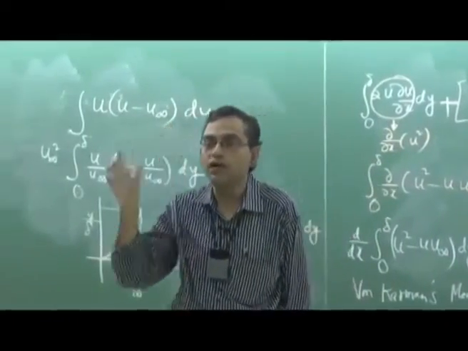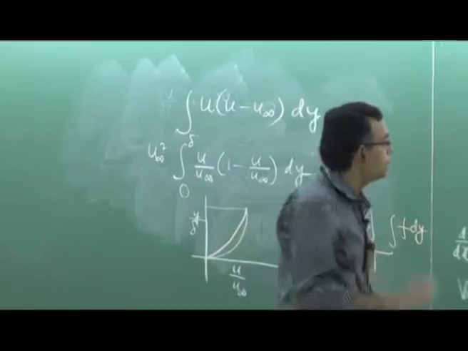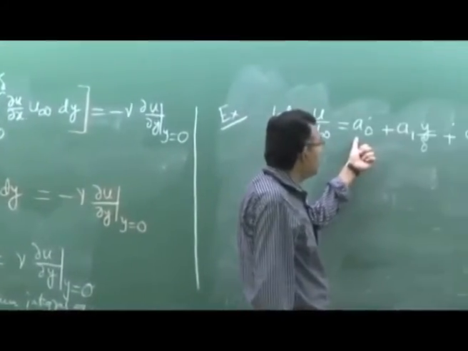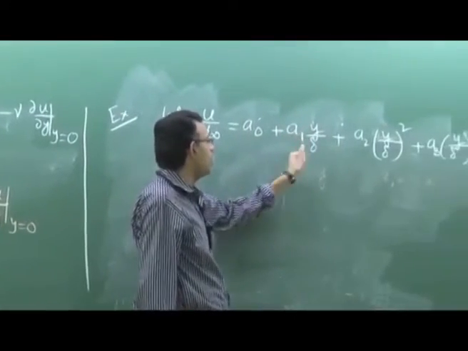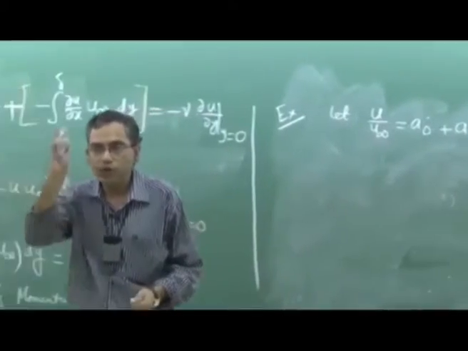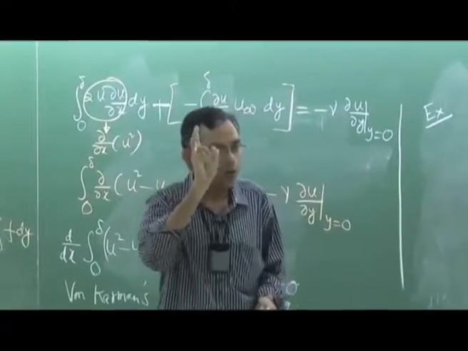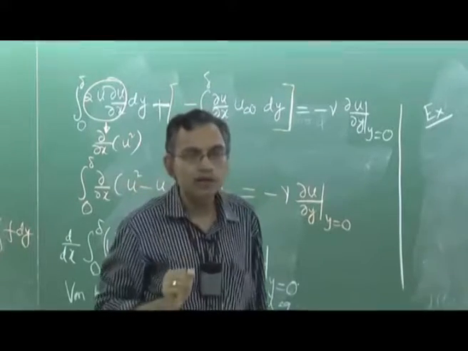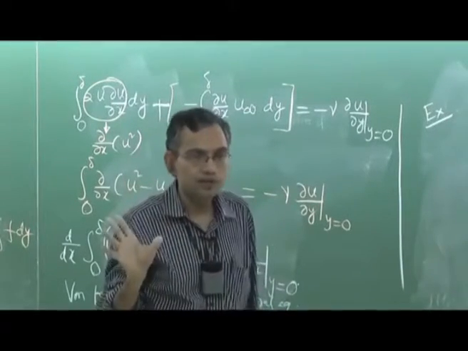Most essential boundary conditions. Say you had taken u by u infinity is equal to a0 plus a1 y by delta. Had you taken that, there would be two constants a0 and a1, so you could impose two boundary conditions. What are the two boundary conditions you must impose?